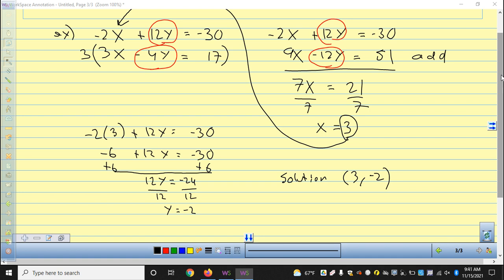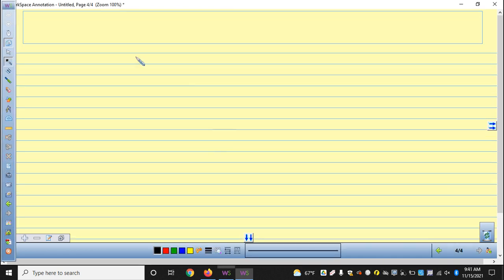All right, we can also get a situation where we need to multiply both equations by some number. So let's look at a situation like that. 2x minus 3y equals negative 12, and 3x minus 2y equals 2.